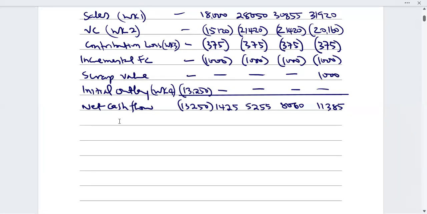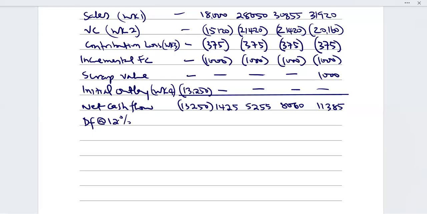Once you get the net cash flow, you can use any techniques to appraise the project, except the accounting rate of return. Since we are calculating using NPV, I need to discount. The cost of capital given in the question is 12%.